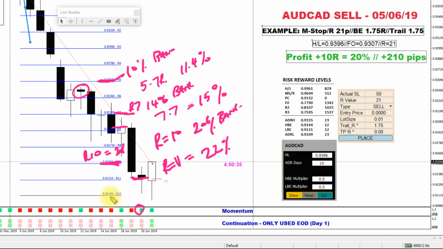Then finally it came through and we closed at R10. So that's with a 1.75 R trail.